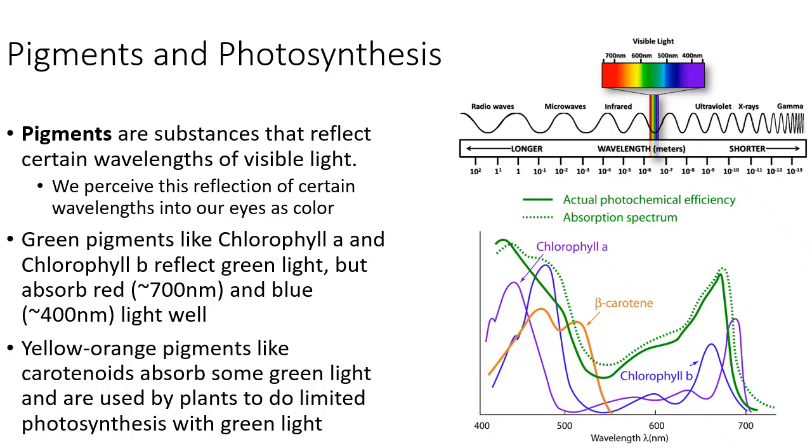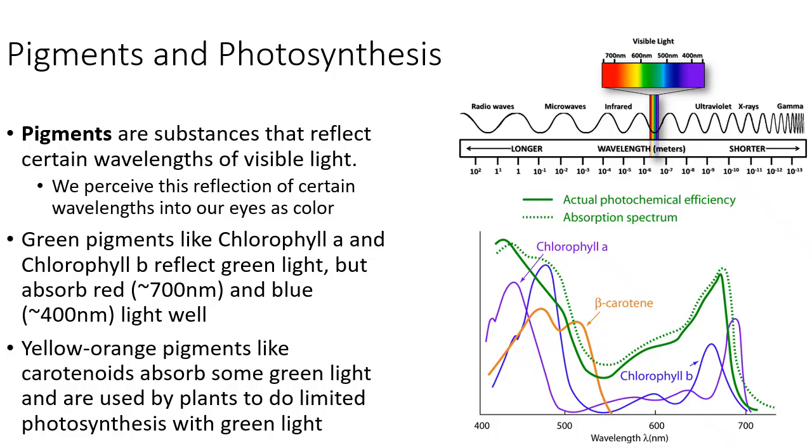What's most important to a plant is not the reflection, but the absorption of other wavelengths. Green pigments like chlorophyll A and B reflect green light. So when we look at the visible light spectrum, we can see that green light is around 600 nanometers. So most of the light in that range is not available to plants.